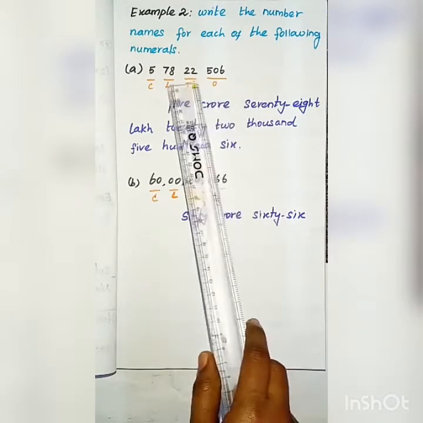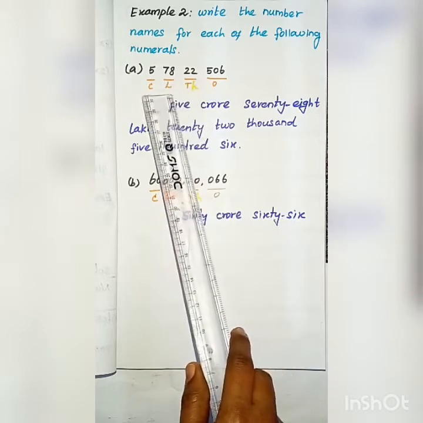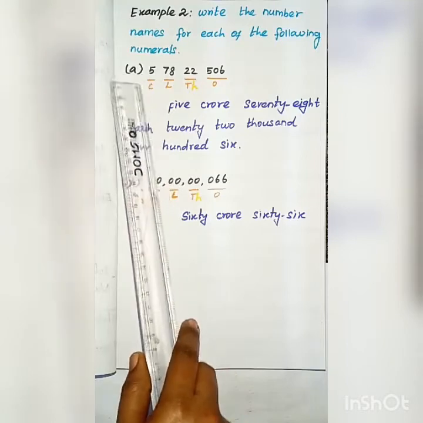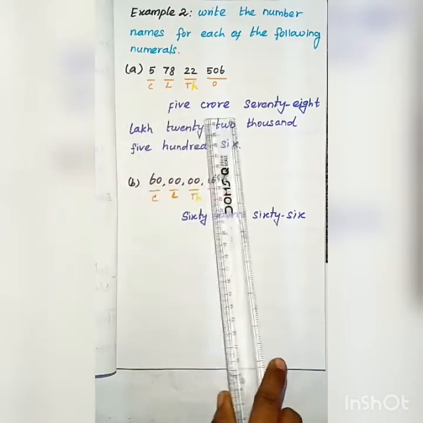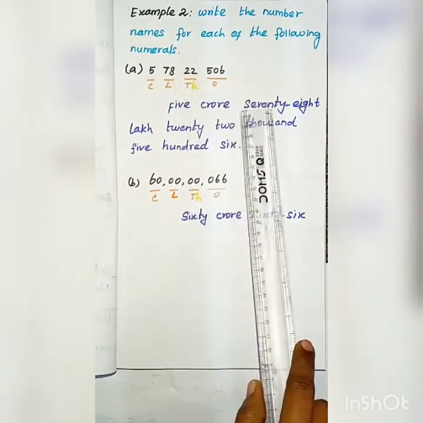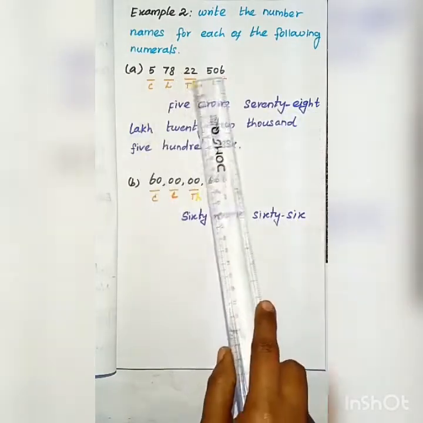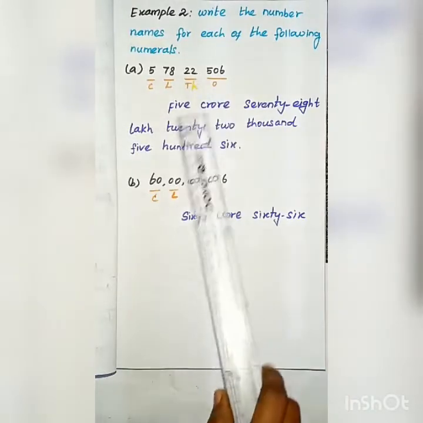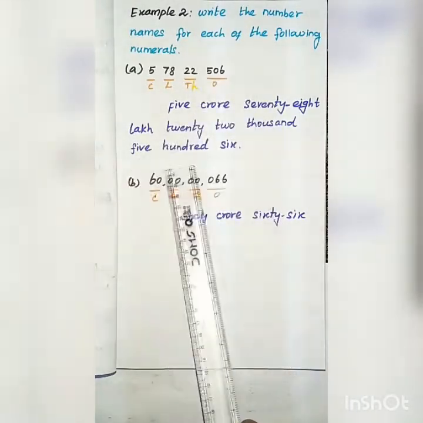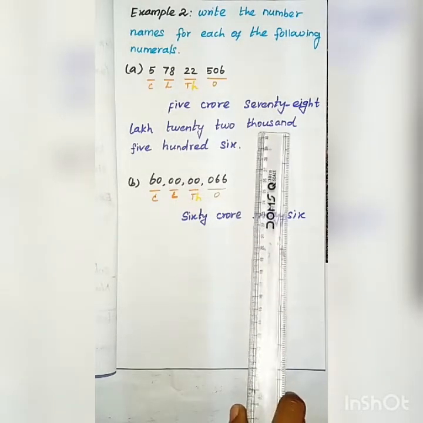Ones, next thousand, next lakhs, next crore. So you write like this, 5 crore. Next 78 lakh, 506. Like this you have to write.